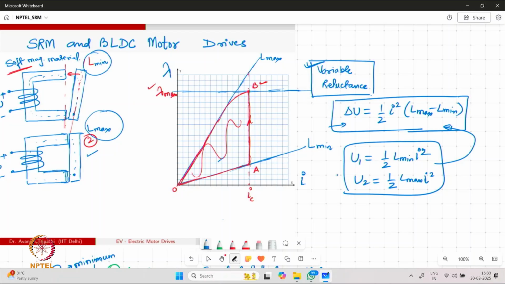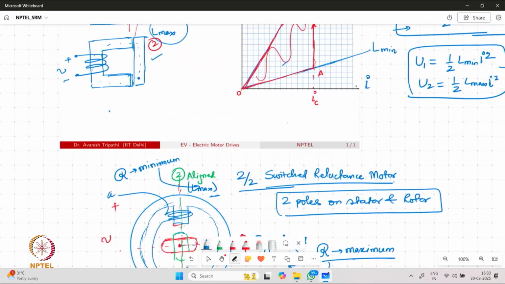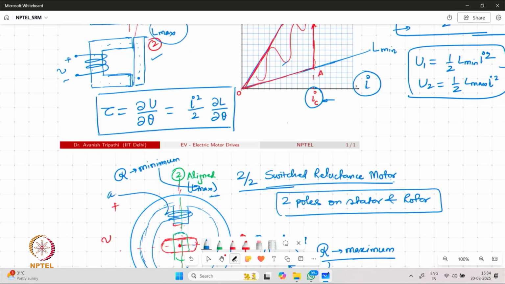Now, if we want to understand the torque, we basically need to take the derivative of this co-energy with respect to the angle, with respect to theta, the mechanical position. Because we are dealing with a system where the current excitation is not changing for the different positions of the rotor, effectively we have torque for the system given by I square by 2 times the rate of change of inductance with respect to the mechanical angle.